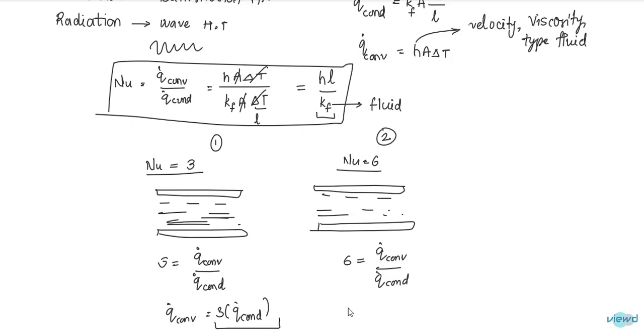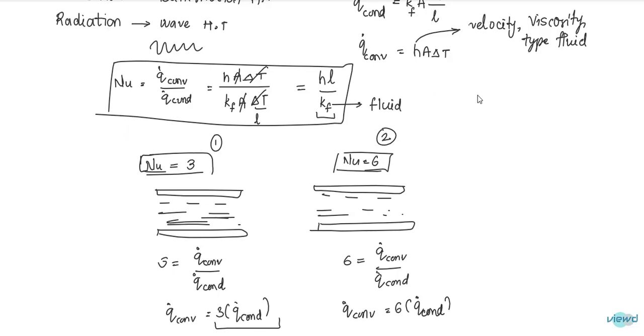In this case, Q convection is equal to 6 times Q conduction. So by comparing the Nusselt number, we can say in which system there is more heat transfer through convection. This is the significance of the Nusselt number.